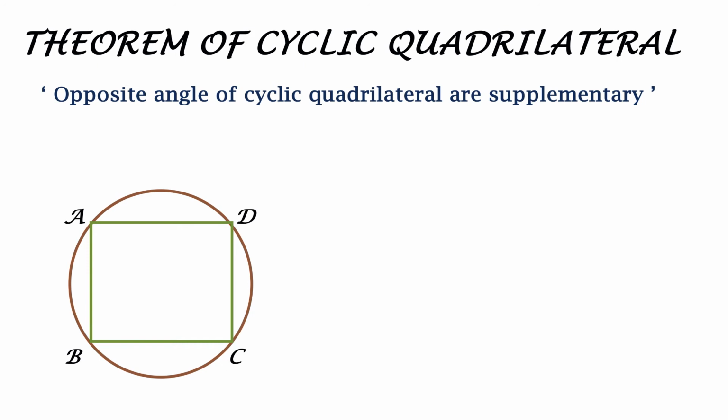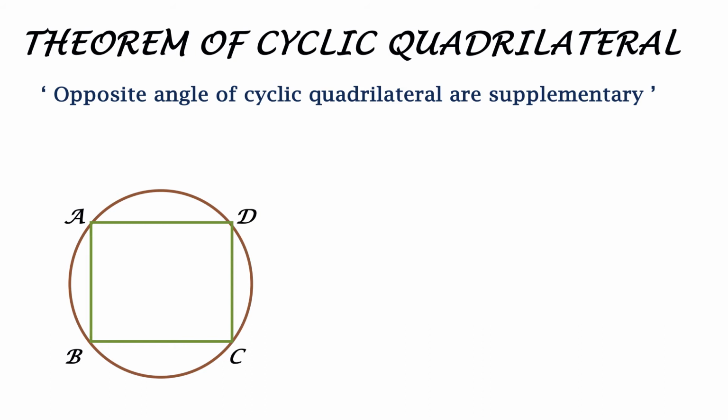So for this, what do we write as given? Given is that quadrilateral ABCD is cyclic. Now what do we want to prove? We want to prove that opposite angles are supplementary. Which are the opposite angles?